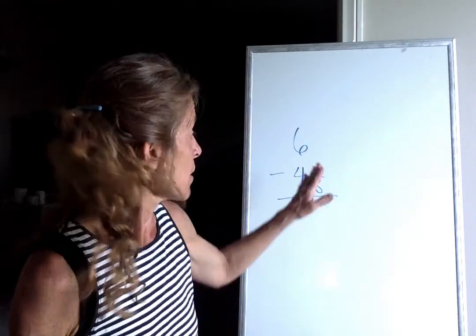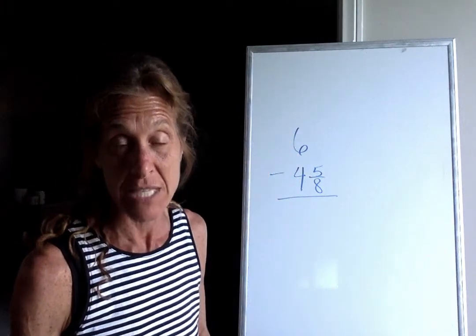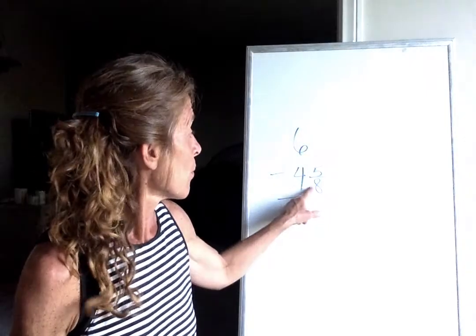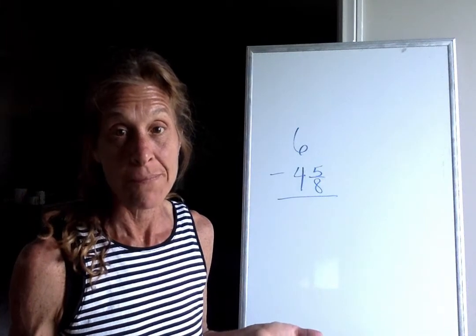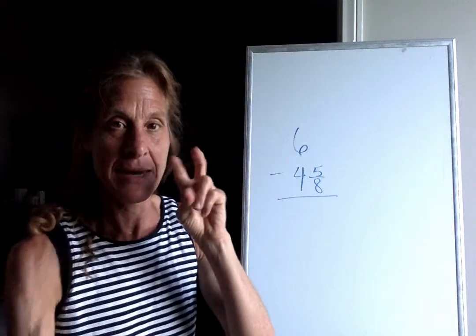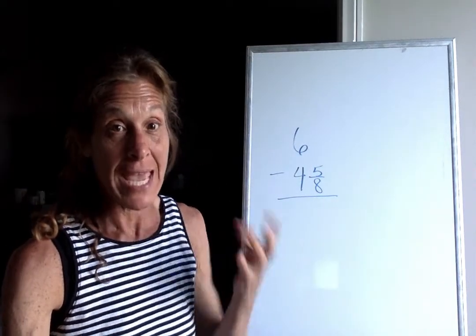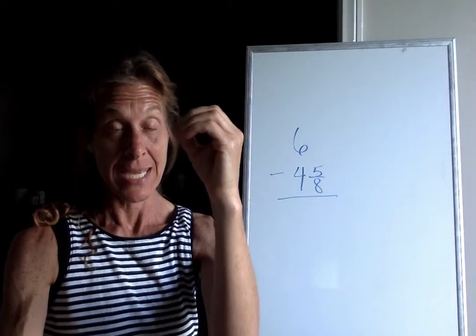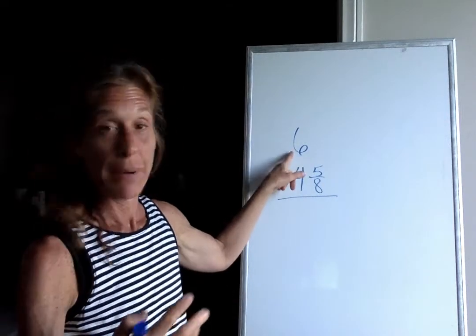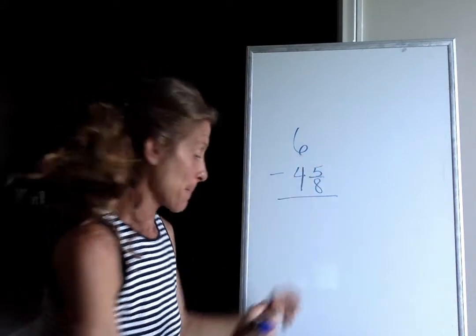Well, that's because the whole number is larger, so the whole number always goes on the top. Okay? 6 is larger than 4. Agreed? Yes. So, we still have to work the problem, though. This would be, pretend, in the world of fraction, 0/0. And if I have 0, I can't take 5 away, can I? No. So I have to borrow from the 6 just to get something here, right?